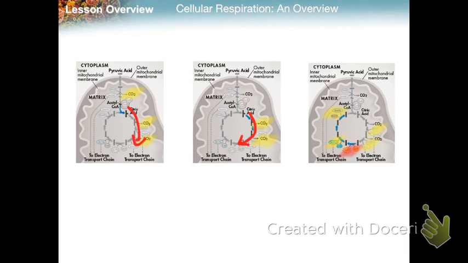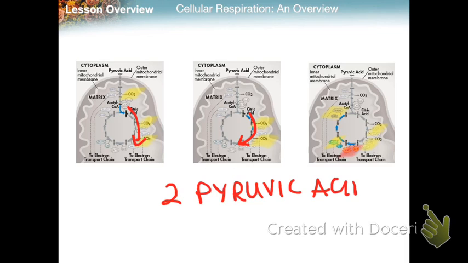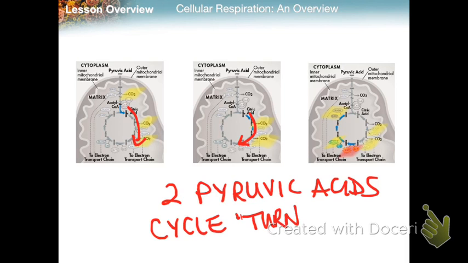Now, the thing to keep in mind is we have two pyruvic acids. So the cycle turns twice.